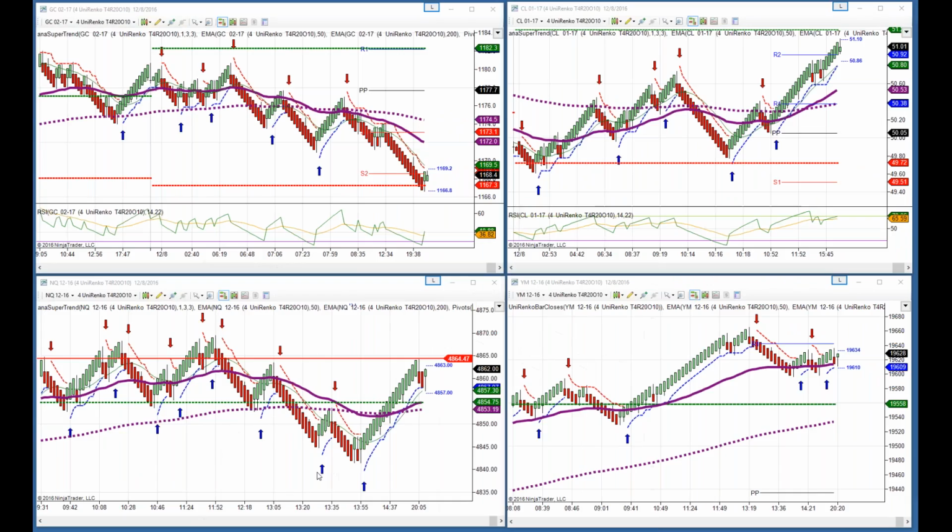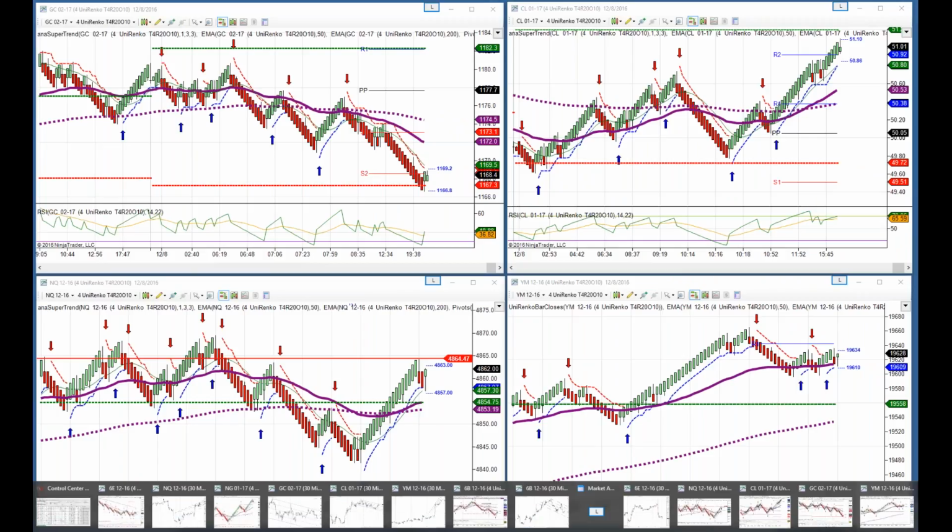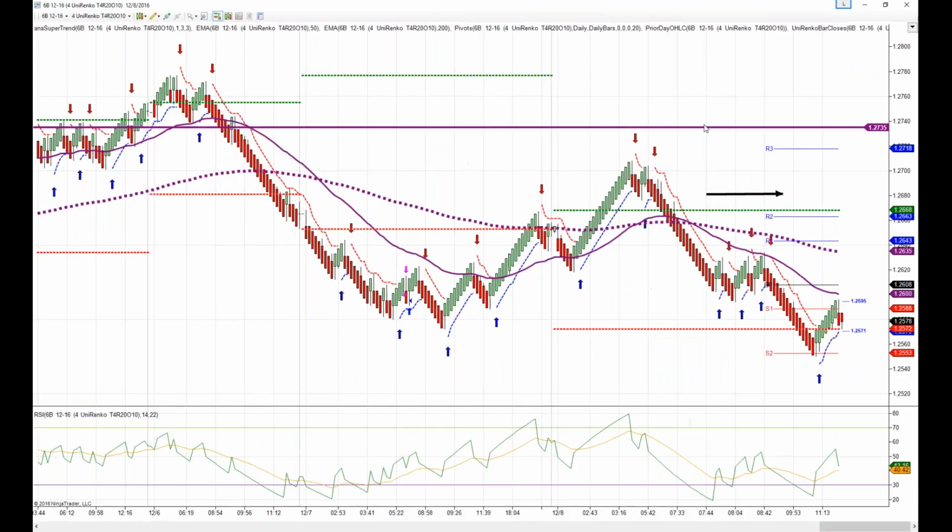So now we would go find the 6B money chart. Okay? And I want the 50 moving average, that's the dark purple line, to be under the 200 moving average. It is. I want the bars to be under the 50 moving average. They are. I just had a retracement up to the 50 moving average. And if you know me, you know I love these kind of sell trades. Love them.